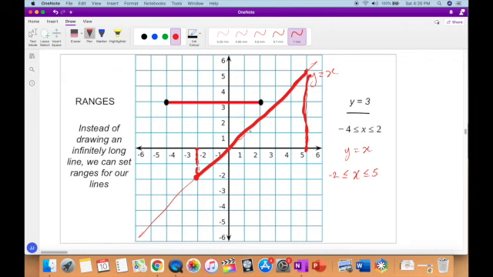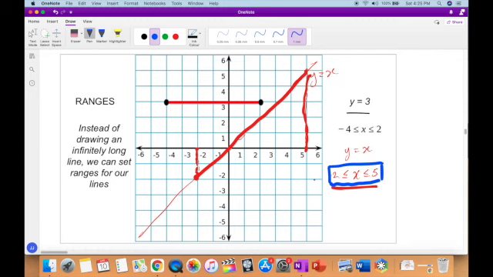So therefore you don't have to draw a full infinite line. You could just draw the line within that range. So the point that I'm making here is that you could use your x values to make a range for almost any line.